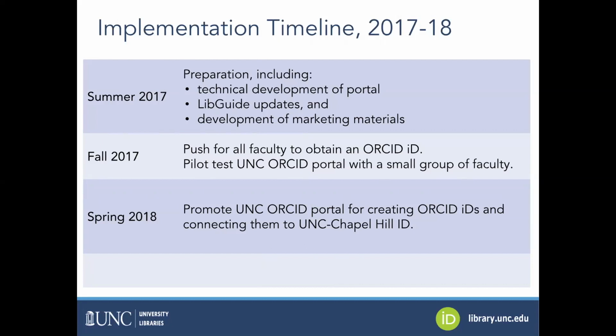So at that point, we didn't have the portal, but we were still promoting ORCID. And then last spring, we worked with the Office of Research and the Office of Research Information Systems to promote ORCID through their newsletters, as I mentioned, and we launched the new UNC ORCID portal and announced it through those newsletters.